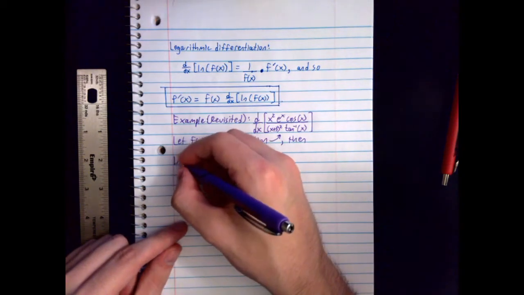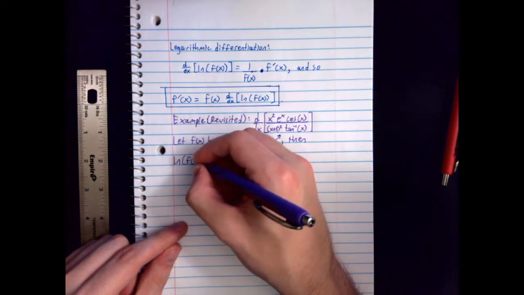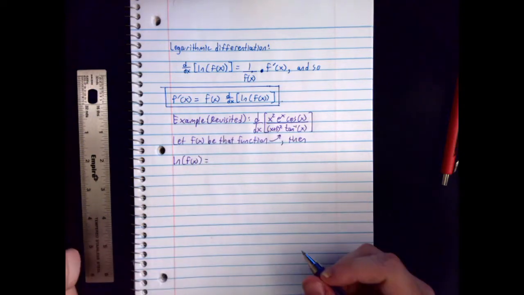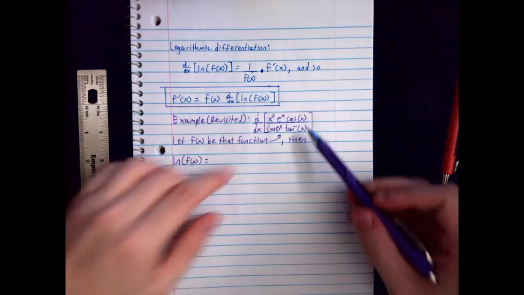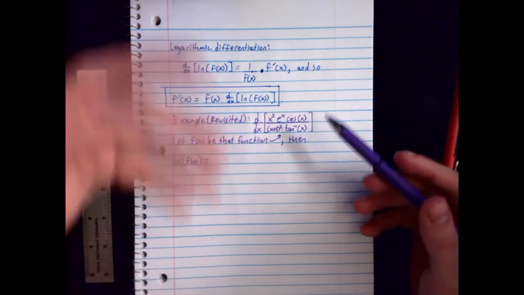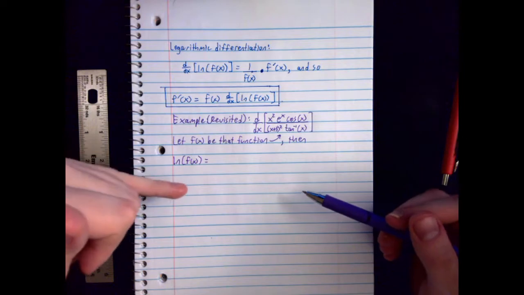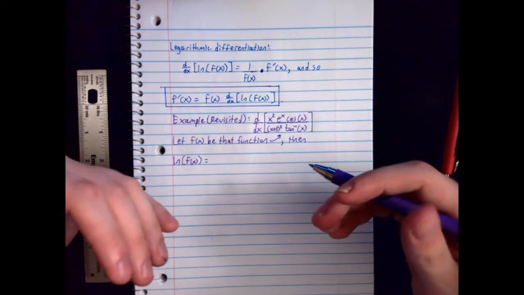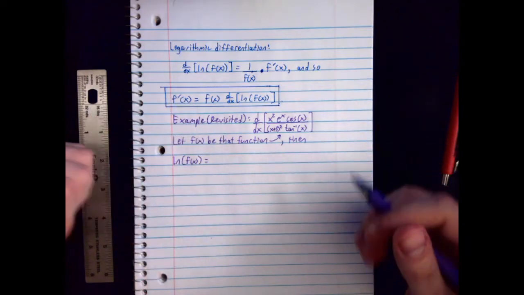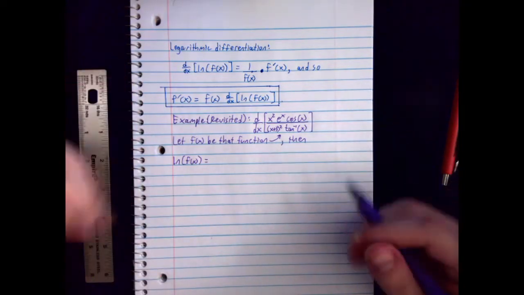So the natural log of f of x is equal to, well, I can do this in a few different steps, but maybe I have a quotient. Remember, logarithms take products to sums and they turn quotients into differences, just because a quotient is sort of the inverse of multiplication.